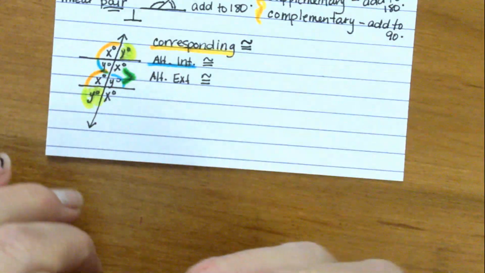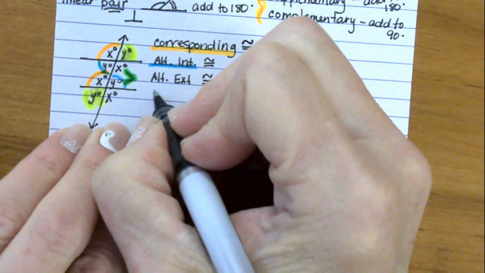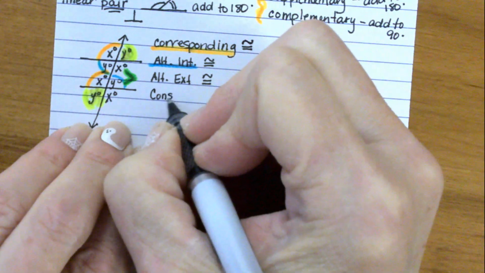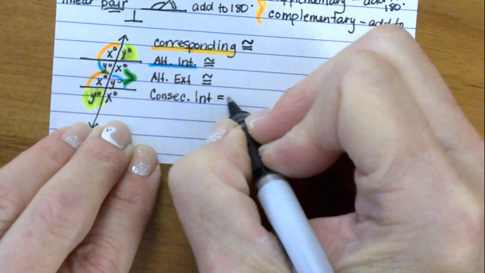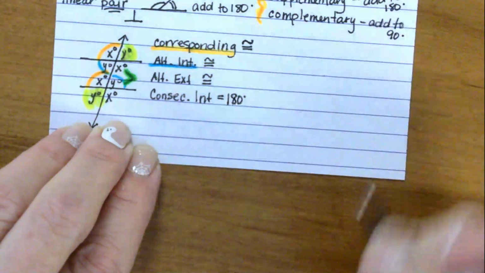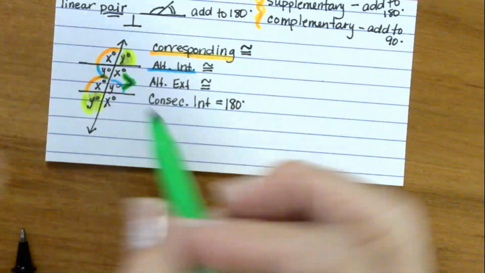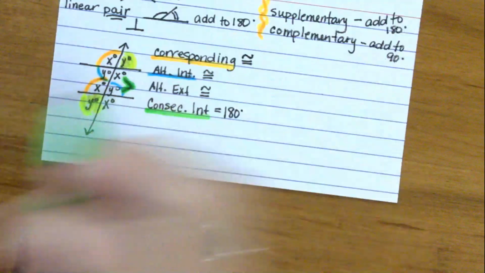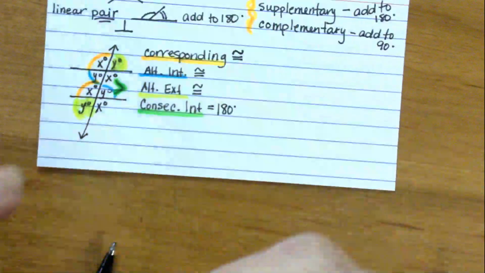Those two angles right there. Consecutive interior. They're going to add to 180 degrees. One is an obtuse, one is an acute. And then I'm going to do consecutive exterior.